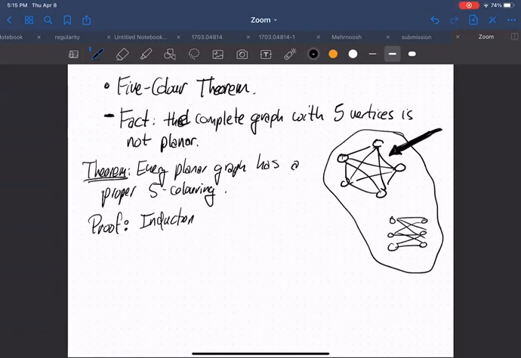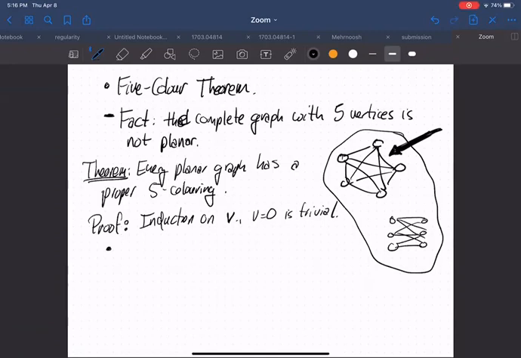Again, it's by induction on the number of vertices. The case of V equals 0 is trivial. Remember, we can color that one with 0 colors, and 0 is definitely less than or equal to 5. And for the inductive step, we have a graph with V bigger than 1 vertices.